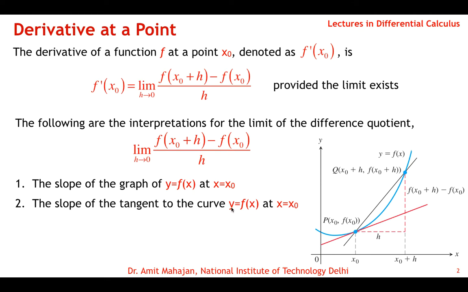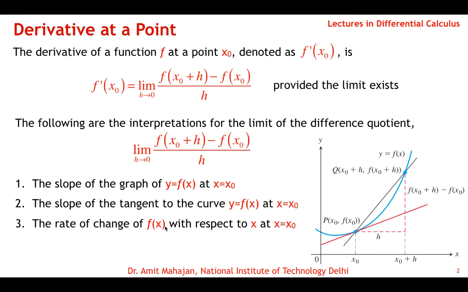And if we interpret this difference quotient as an average rate of change, then the derivative gives the function's instantaneous rate of change with respect to x at x equal to x naught, that means at the point p. So it can be interpreted as the instantaneous rate of change at point p.